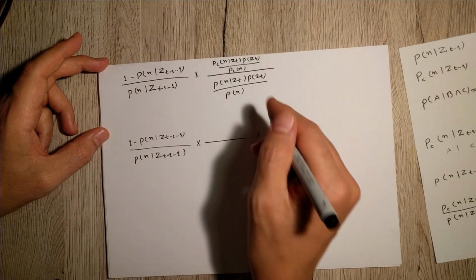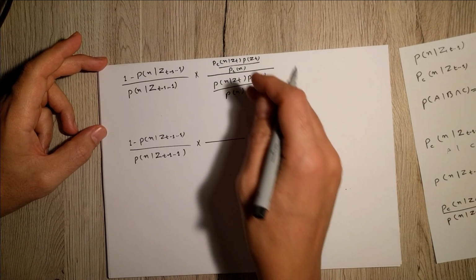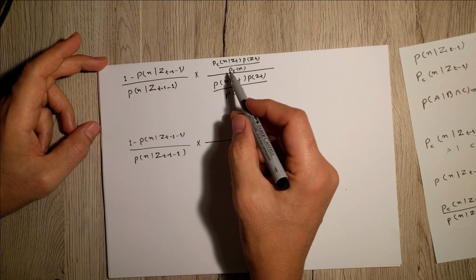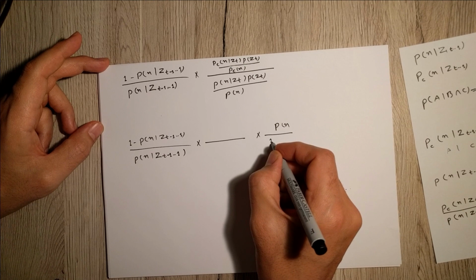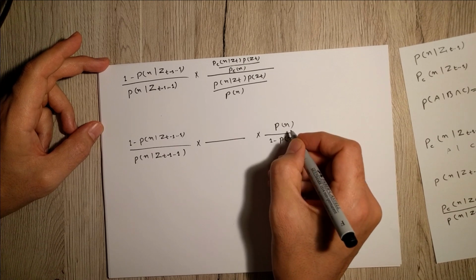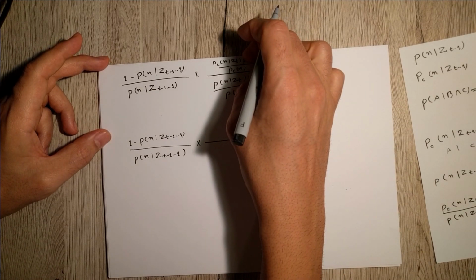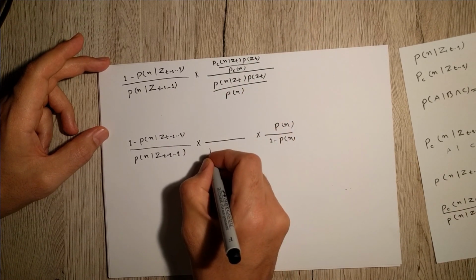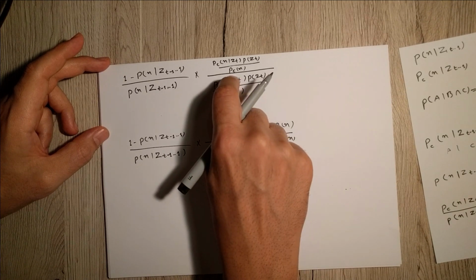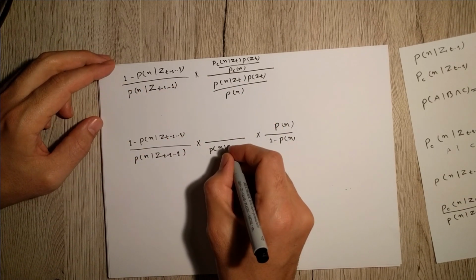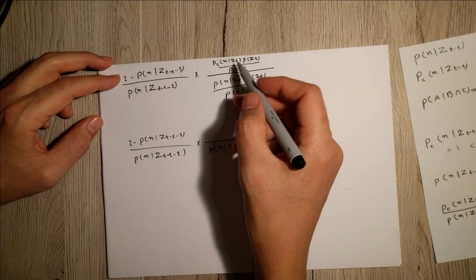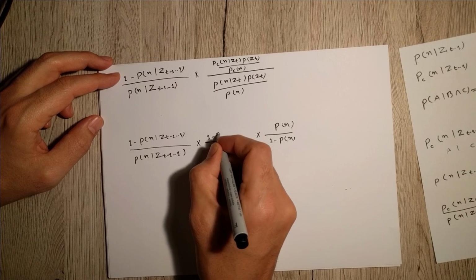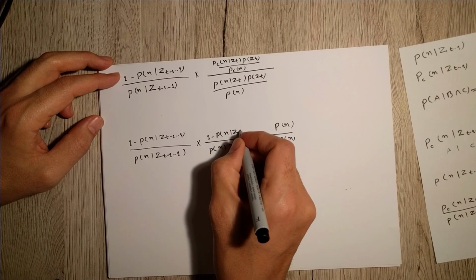So this guy goes to the top, and this guy will go down, and instead of writing the probability of the complement, we'll write 1 minus probability of n. We'll get rid of these two terms, and we have this guy here, and this guy here as well. Again, we write it as 1 minus probability of n given z.